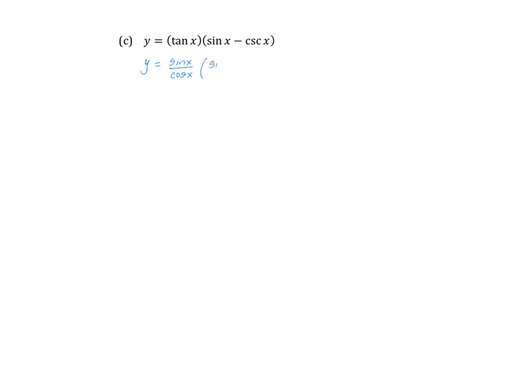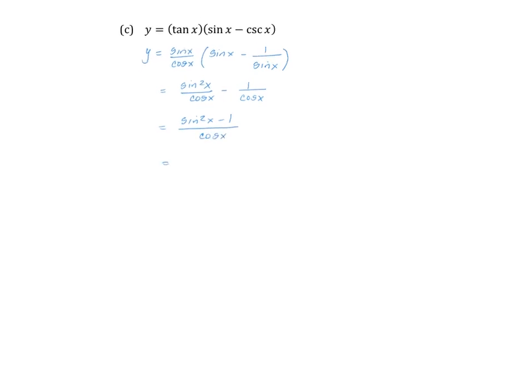So we're going to multiply this by sine of x minus cosecant, which is 1 over sine. So note if I were to distribute the sine cosine, I would end up with sine squared over cosine minus 1 over cosine. And now I'm simply subtracting fractions with the same denominator. So I get sine squared x minus 1 over cosine of x.